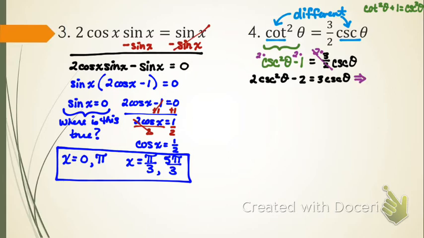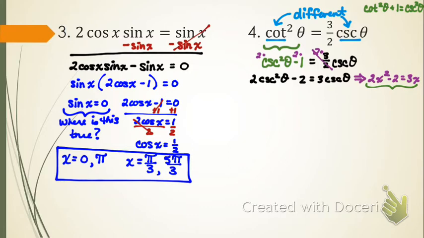You guys see that cosecant squared? And see the cosecant without the squared? I want you to think about this. Like 2x squared minus 2 equals 3x. Yeah, this is a quadratic equation, so I'm going to use a quadratic solving technique.